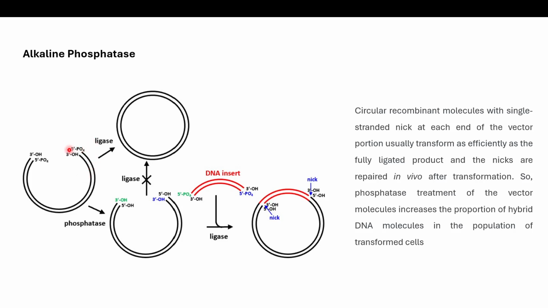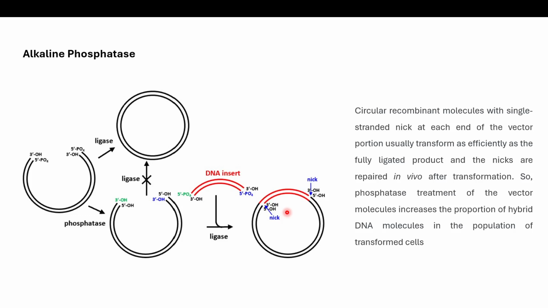So if we remove the terminal phosphate from the vector, the phosphodiester linkage will be formed only in the presence of the terminal phosphate groups present in the insert DNA of our interest. That DNA will react with the 3' OH group, thereby forming this particular recombinant vector. This in turn will get inside the bacterial cell when we transform it.